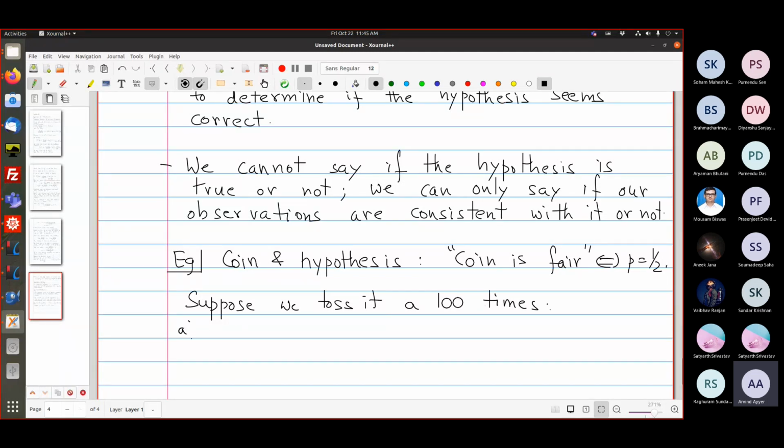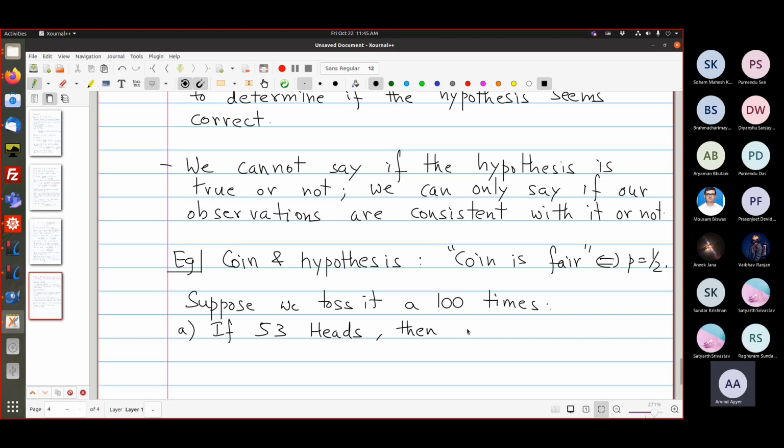I give you two scenarios. If 53 are heads, then the hypothesis seems true.